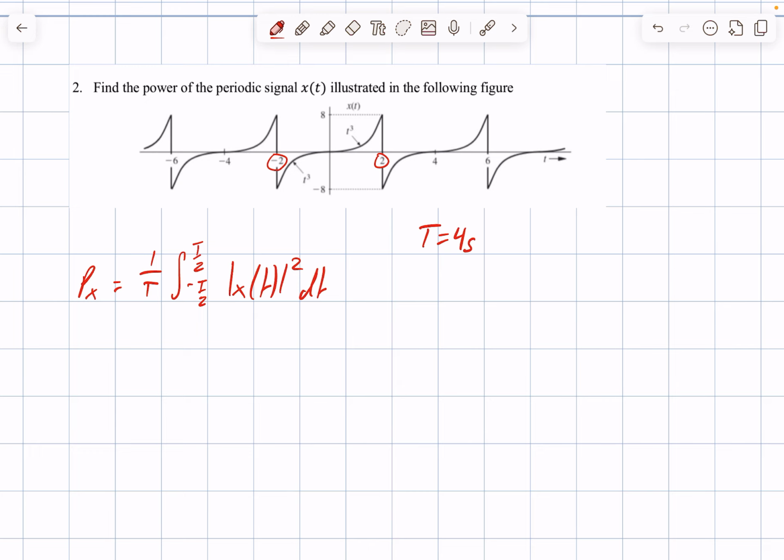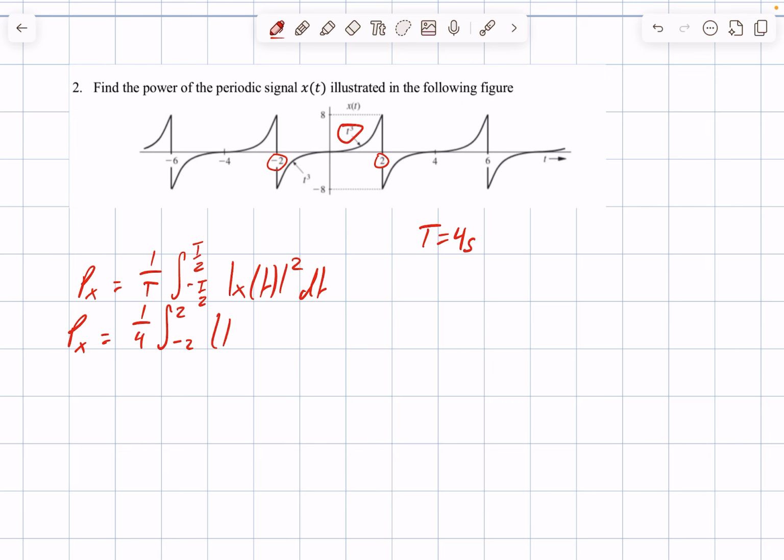So whenever we plug in our values here, we can see that we get 1/4 because we're just using our period value here. Integral from -2 to 2 because -4 over 2 is -2 and 4 over 2 is just 2. And so our function here is found right here, t cubed.